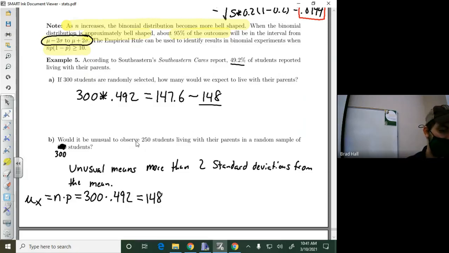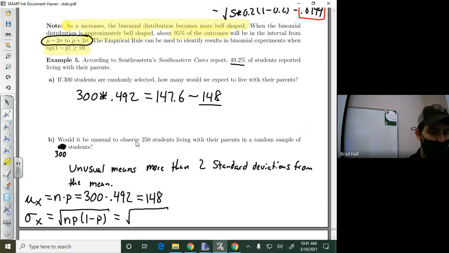And then the standard deviation was the square root of np times 1 minus p. N was 300. P is 0.492. 1 minus 0.492.